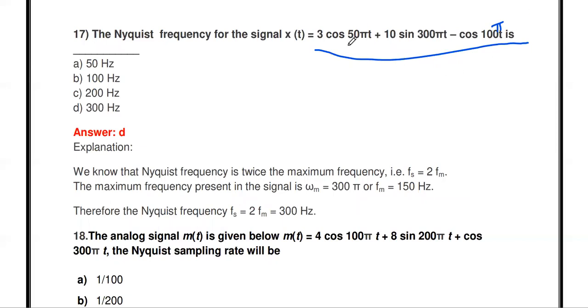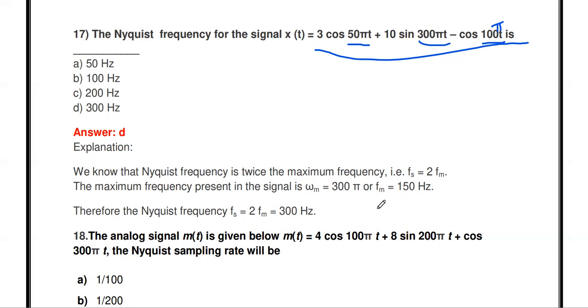First, you see here omega m is equal to 50 pi. In the second component, omega m is equal to 300 pi. In the third one, omega m3 is equal to 100 pi. In these three, which one is highest? 300 pi is highest. So the highest frequency is omega m equal to 300 pi. So omega m means 2 pi f equals 300 pi.